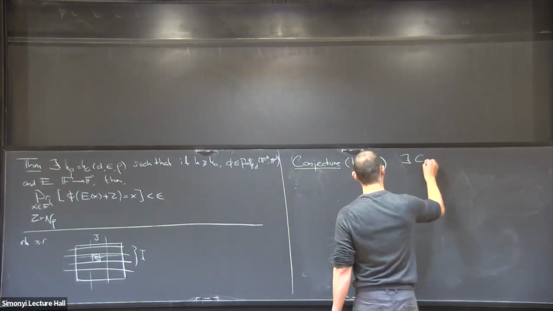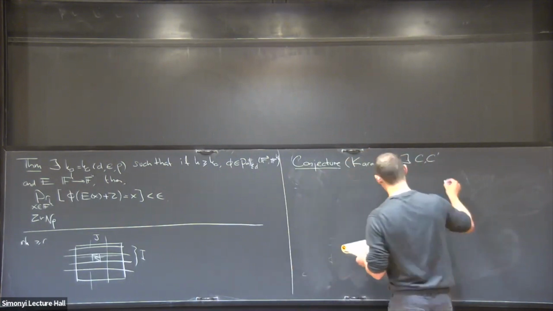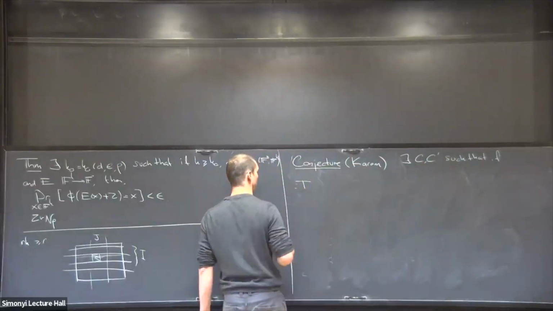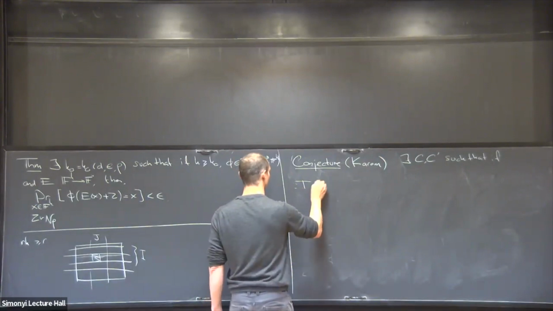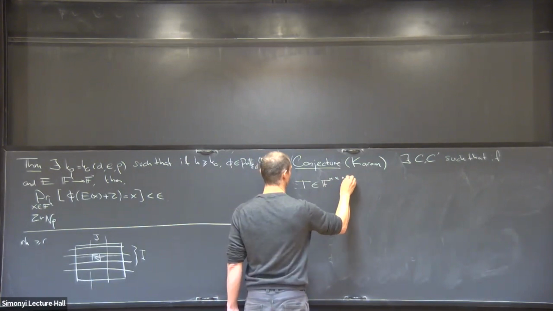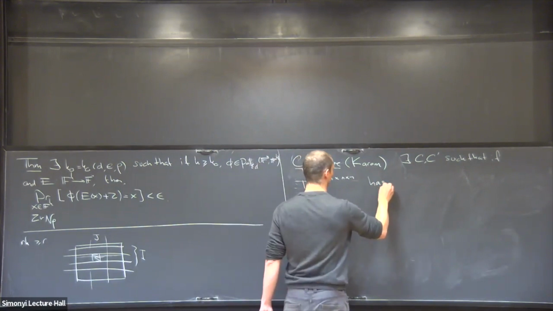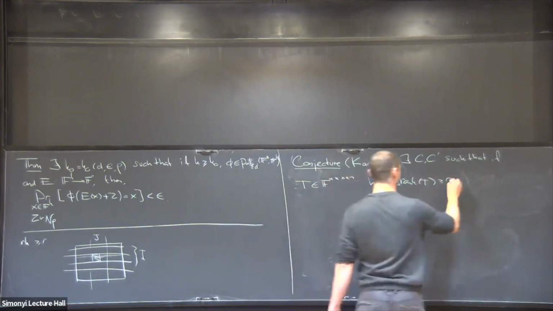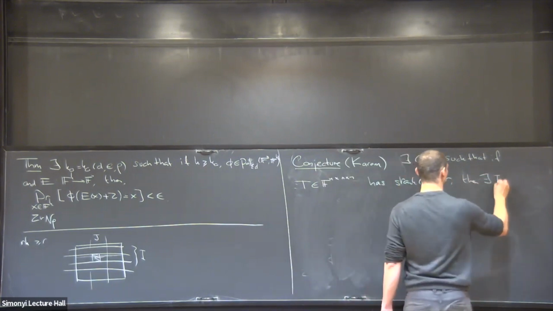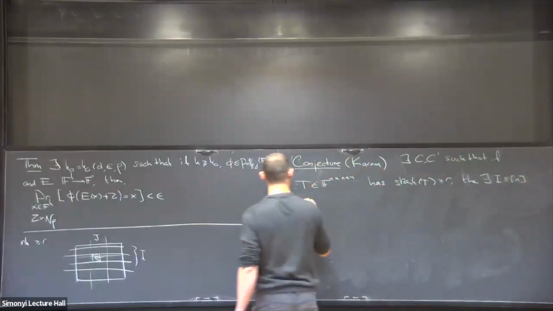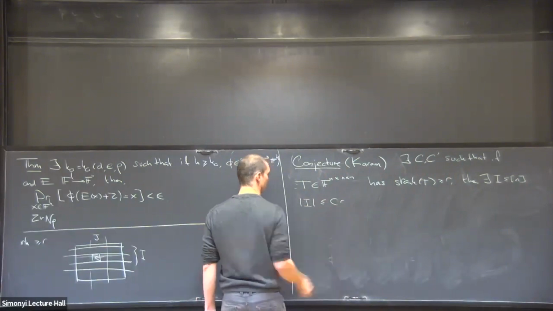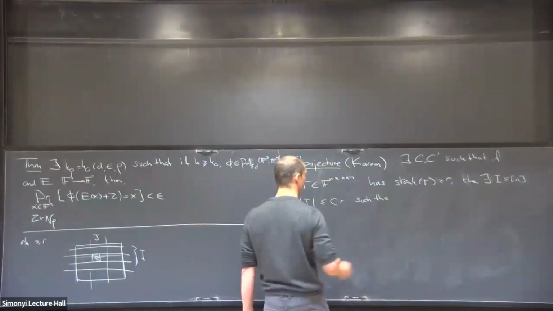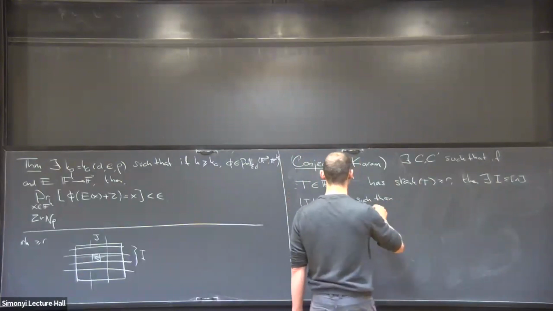He conjectures that there are constants C and C prime, which should probably depend on the order of the tensor, but let me restrict to 3-tensors for simplicity, such that if a 3-tensor T has slice rank at least R, then there's a subset I whose size is at most C times R, such that the principal subtensor of T defined by I has rank at least C prime times R.